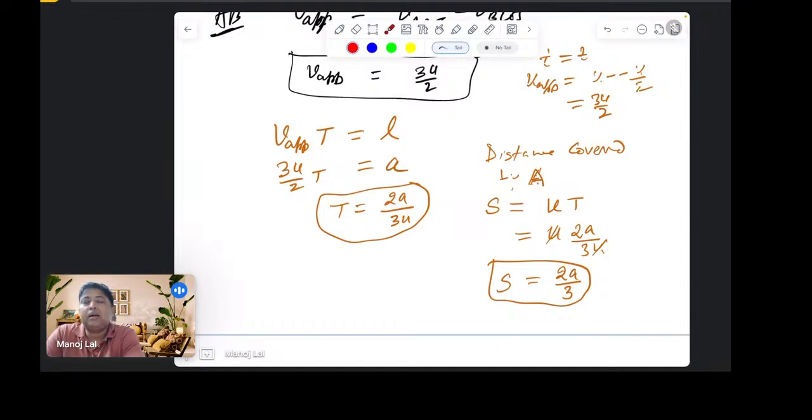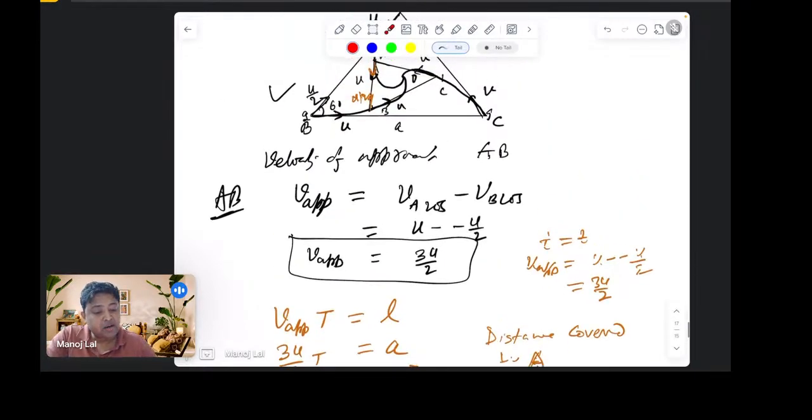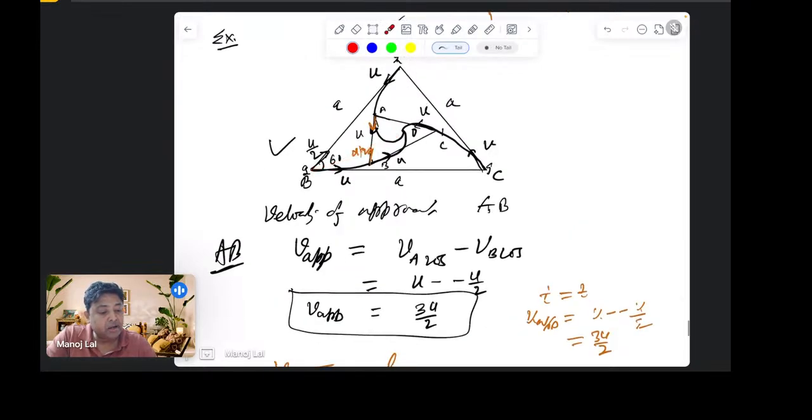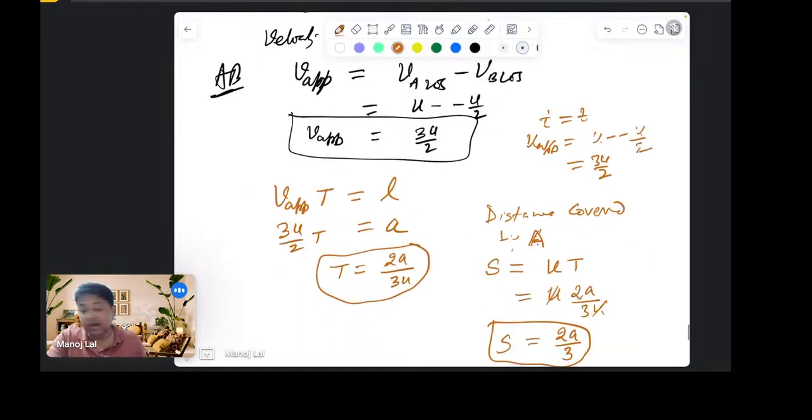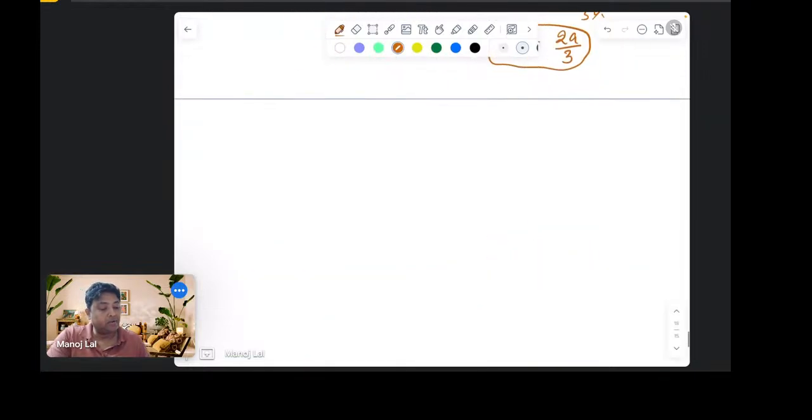If I ask you what the distance covered by person A is till it has turned through an angle of 2 pi or pi. Say A started from here, B started from here, and then it goes like this. A more clear diagram is something like that. I can draw.